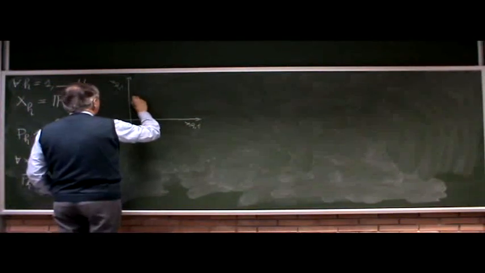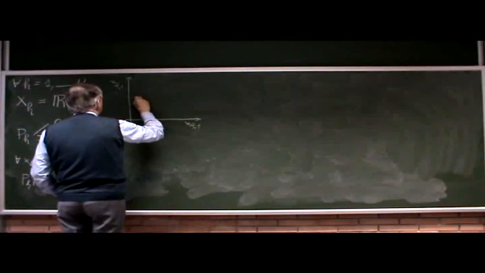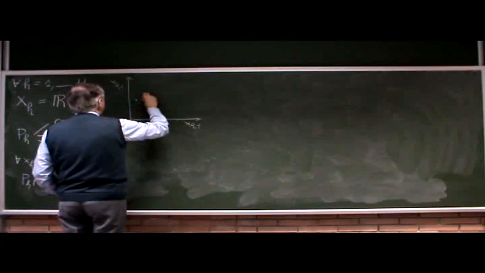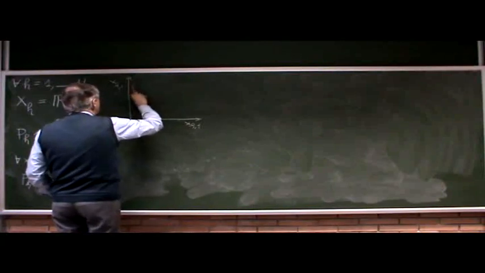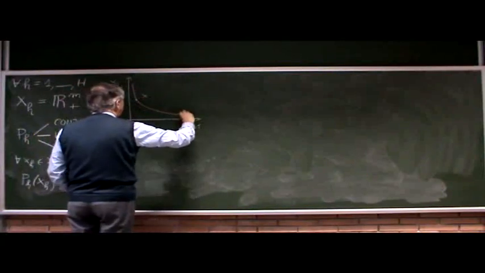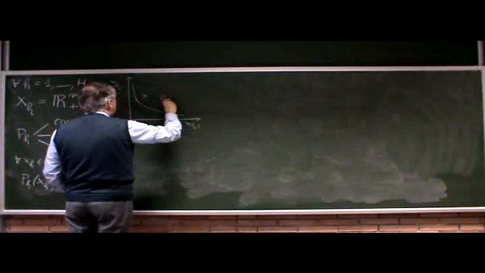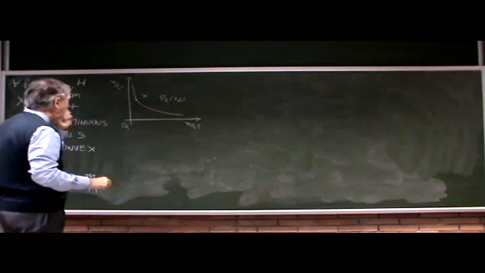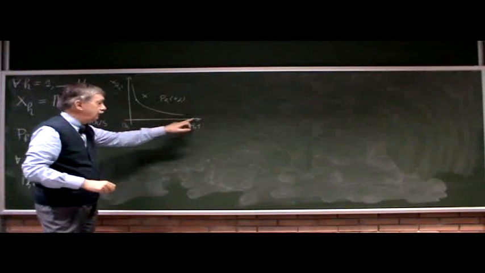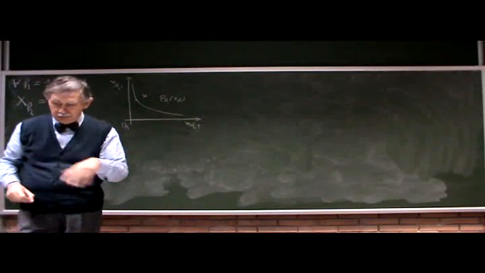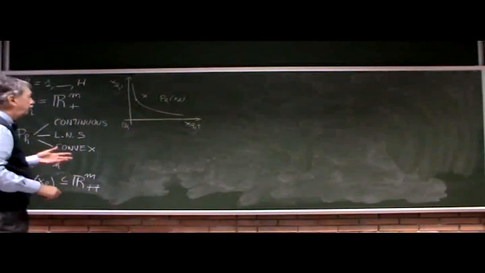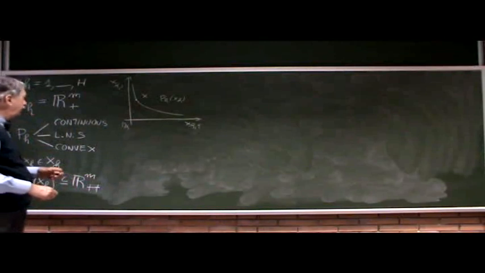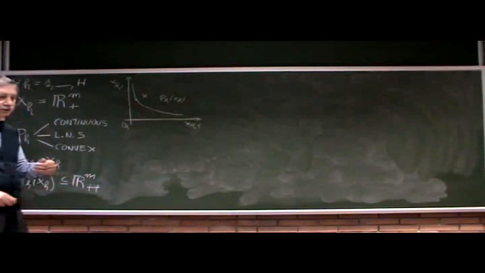if you have any bundle like this, the set of preferred elements does not touch the horizontal or vertical axis. This means, from an economic point of view, that every good is indispensable.